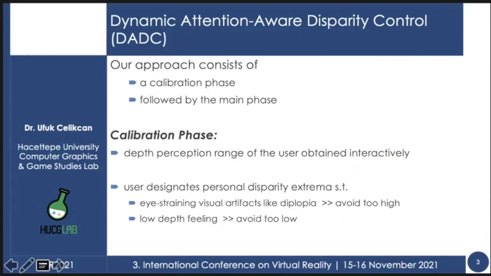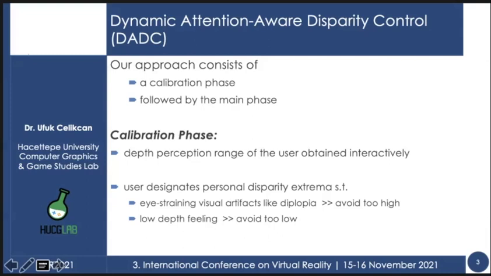Our approach consists of a calibration phase followed by the main phase. In the calibration phase, the depth perception range of the user is obtained interactively. Perceived depth range is changeable in light of users' personal stereoscopic comfort limits.